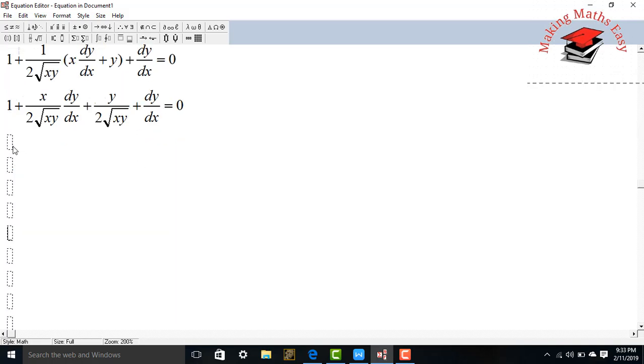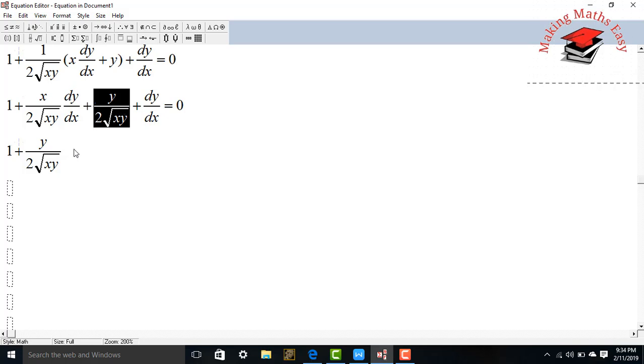Now we have to express it in terms of dy by dx. So for expressing it in terms of dy by dx, we will get 1 plus y upon 2 square root of xy, because we have to take the functions with dy by dx and the functions without dy by dx separately, just as in complex numbers we take the real part and imaginary part separately.